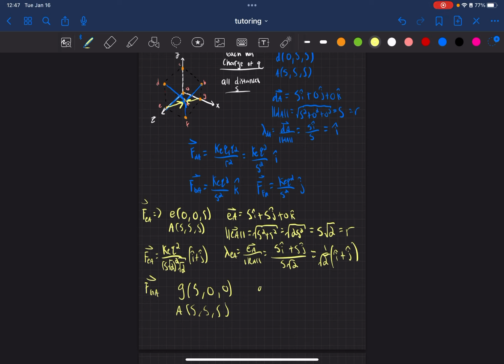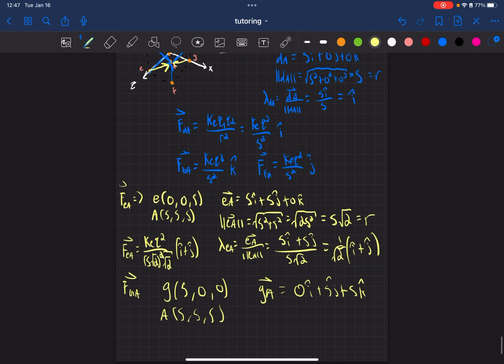Then when we find our GA, we're going to end up with 0 i plus s j plus s k. And we can see that we're going to have a very similar answer. All of the numbers are going to be the same, but it's just going to have a slightly different direction. So we can write our F of GA vector is equal to kE q squared over r squared, which in this case is s square root of 2, quantity squared, times the square root of 2.